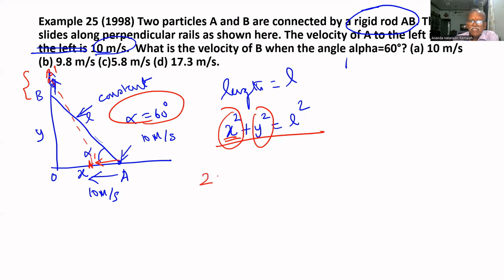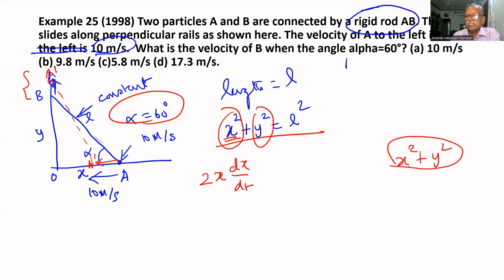Suppose I want to differentiate x square plus y square with respect to t.